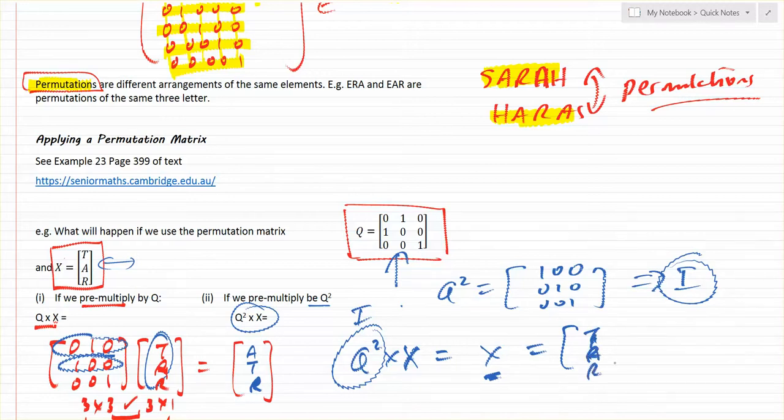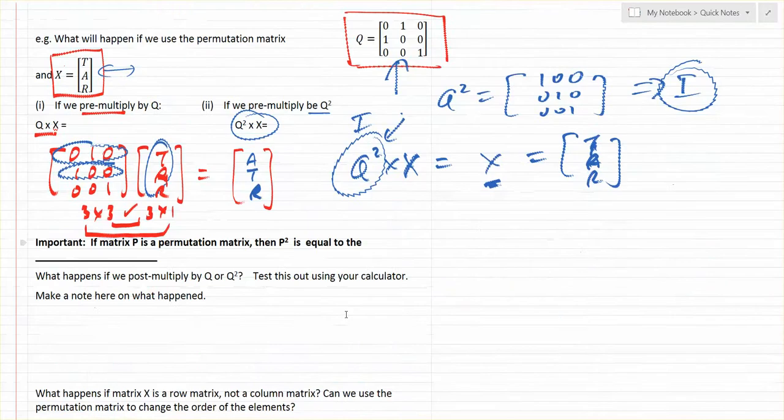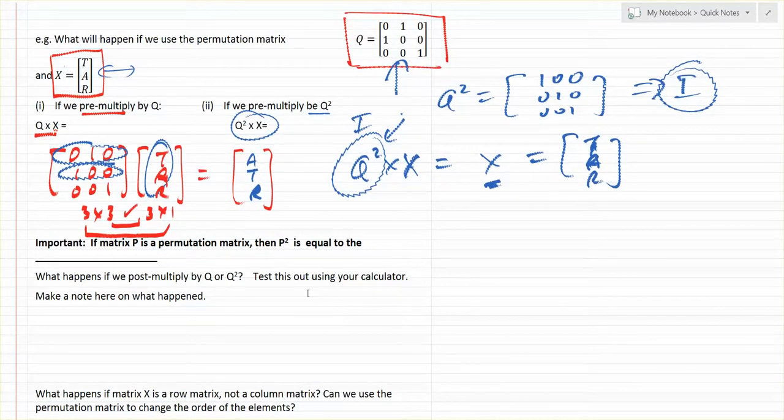That's a fact you need to remember: Q squared is always equal to the identity matrix, and you have this in your sheet. What if you post-multiply by Q squared? You get the same thing back.